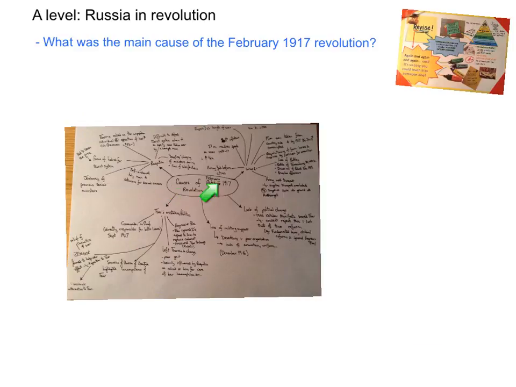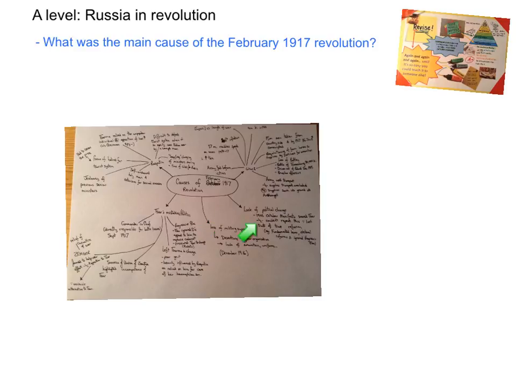So we're going to look now at the causes of the February 1917 revolution, not to be confused with the October revolution. So this is the abdication of the Tsar, the end of the Romanov Dynasty that we're talking about here. There are many different causes. One could be the Tsar's political mistakes, or political mistakes in general.